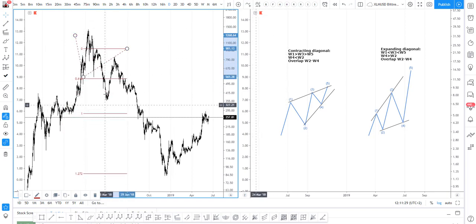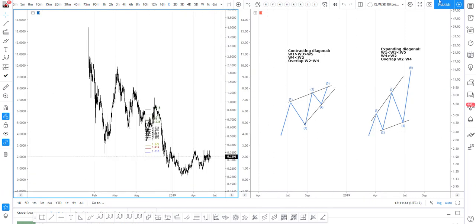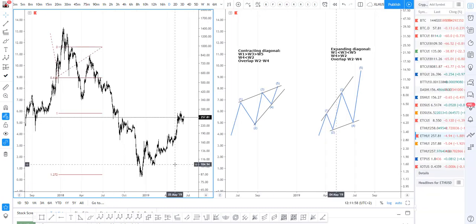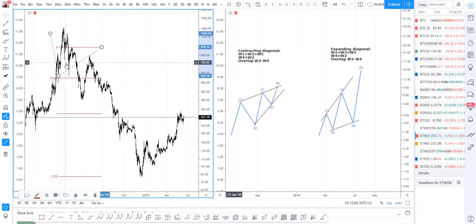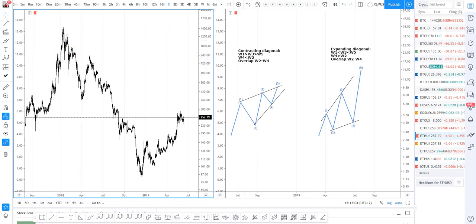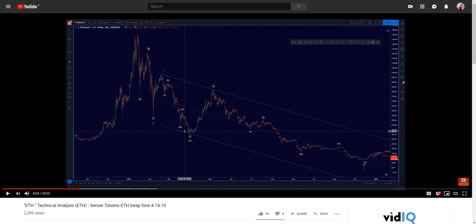And well, unfortunately, wave 5 is shorter than wave 3, so it doesn't fit in any of those diagonal types, which means that you cannot count this as a diagonal, and you have to come up with some type of overcount, like this, for example.